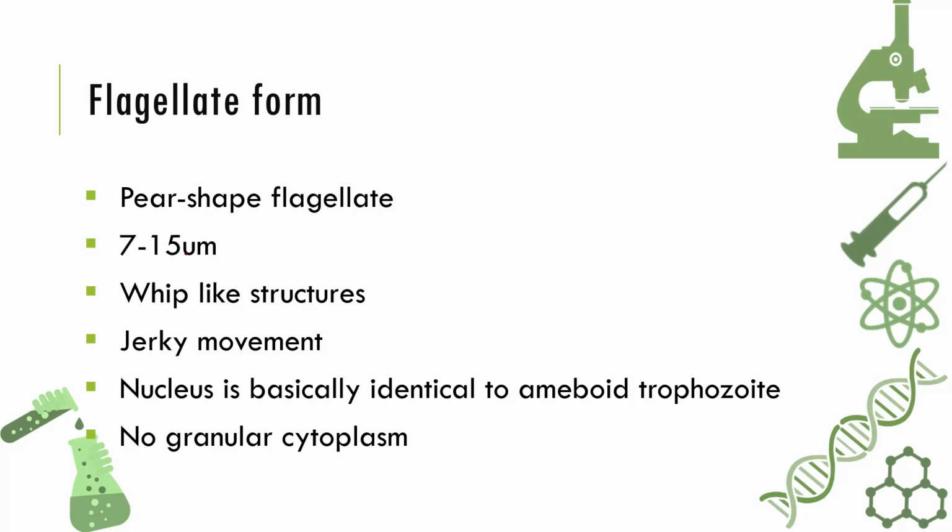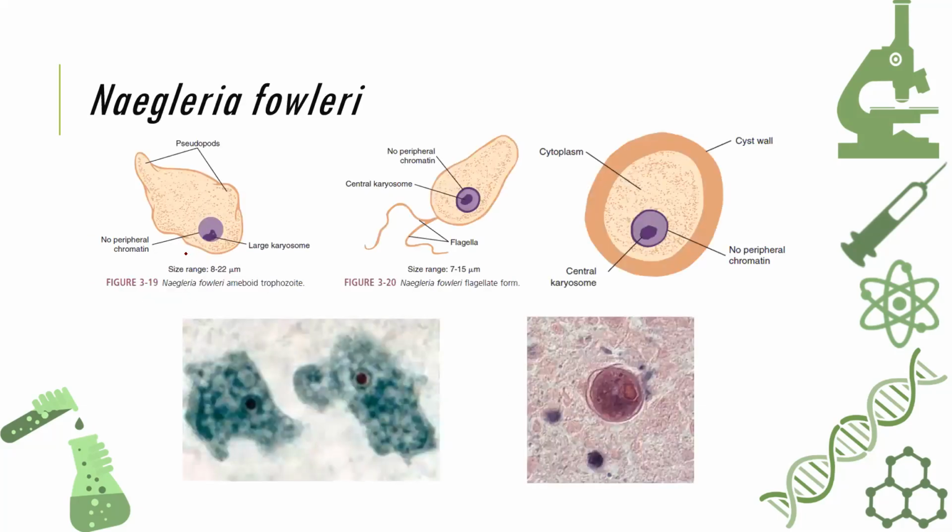Okay? Nucleus is basically identical to amoeboid trophozoite. No granular cytoplasm. Okay? So this is the amebic or the amoeboid trophozoite. This is the flagellated trophozoite.